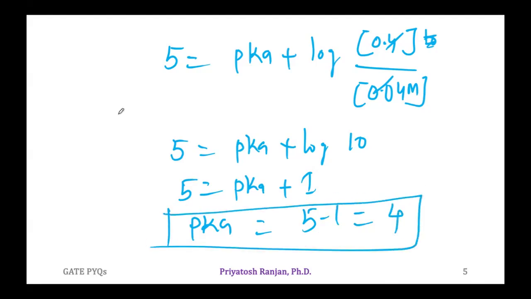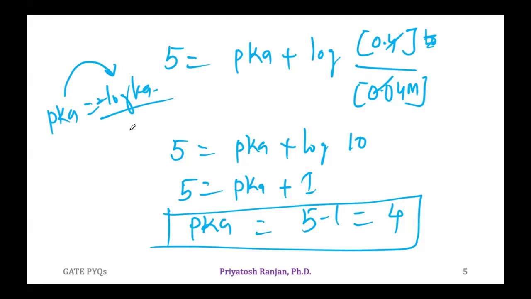As I said, pKa is given by negative log of Ka, and Ka is the acid dissociation constant. The stronger the acid, the higher the value of Ka is going to be. However, the relationship between the pK and Ka is inversely proportional because there is a negative log sign here. And so if an acid is strong, the Ka value is going to be high, but the pK is going to be low.